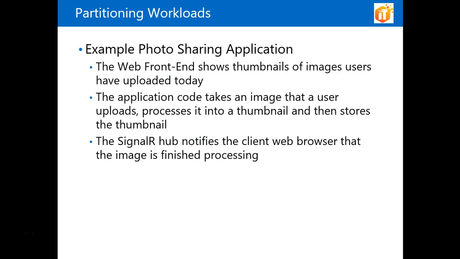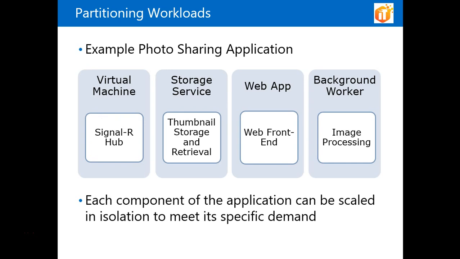So as you can see, the web frontend shows thumbnails of images that users have uploaded. Application code takes an image that a user uploads, processes it into a thumbnail, and then stores the thumbnail. The SignalR hub notifies the client web browser the image is finished processing.